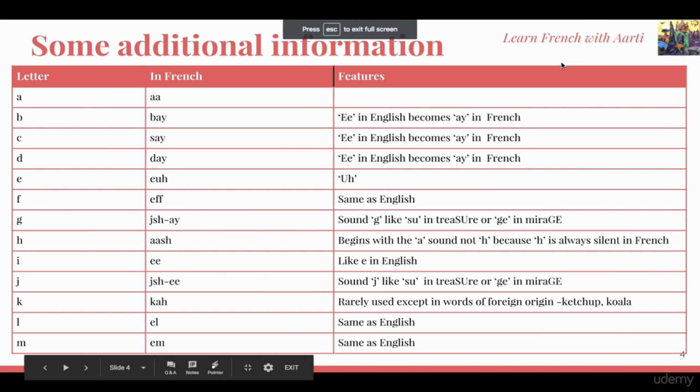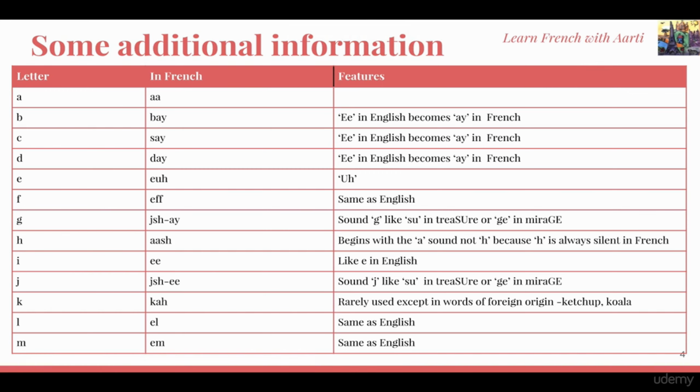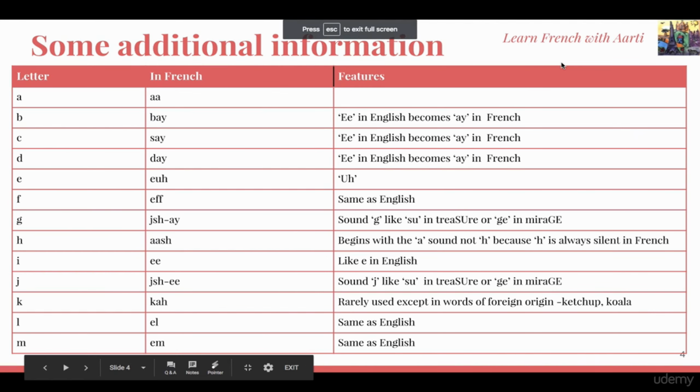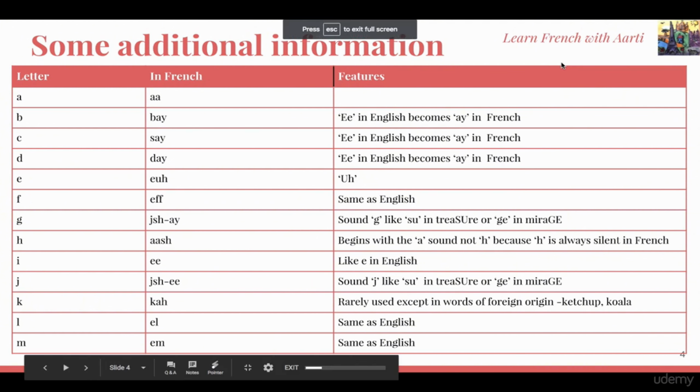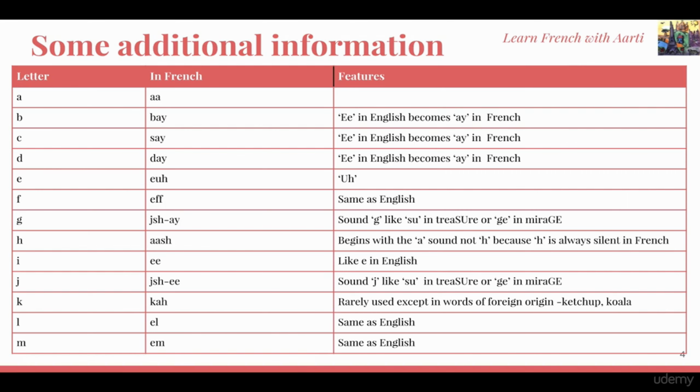Let's look at some features of the letters of the alphabet. We begin A, straightforward. B is bay. Here the E sound in English becomes A in French. Same for C, which becomes say.